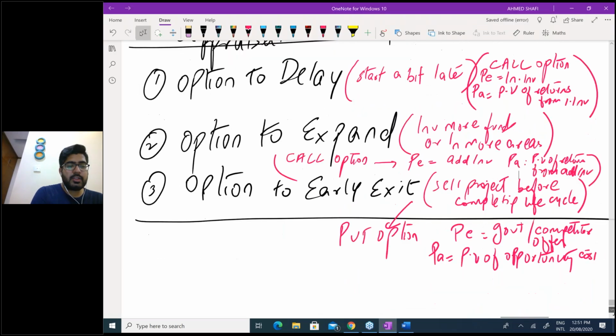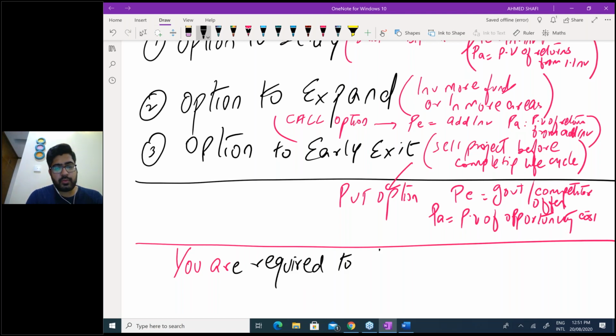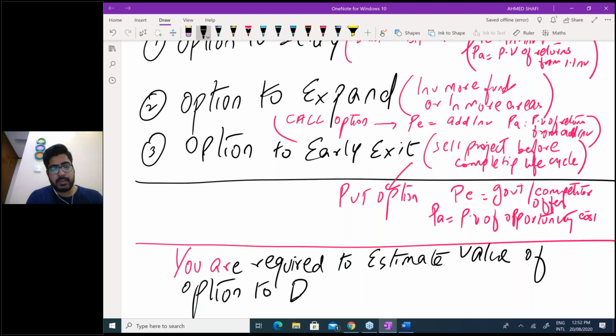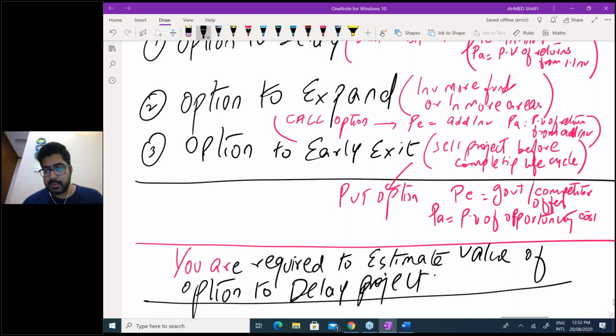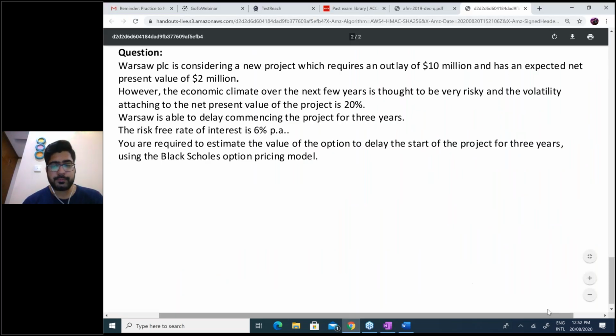Now, in this question, the requirement states: you are required to estimate value of option to delay project.